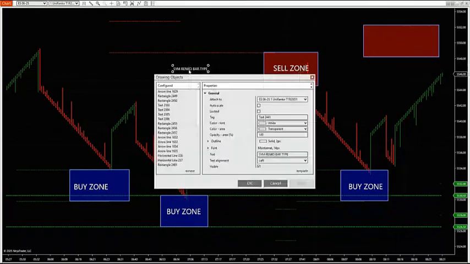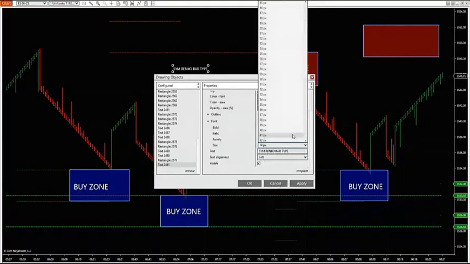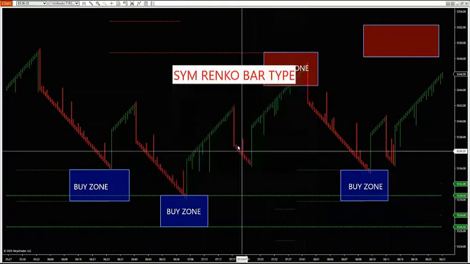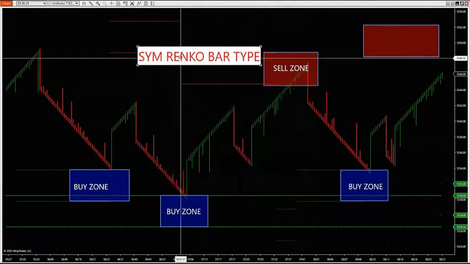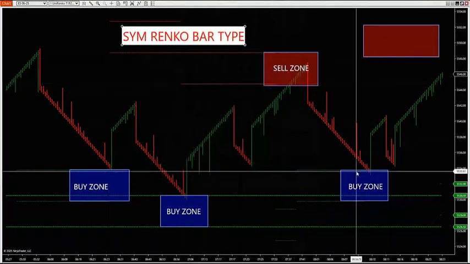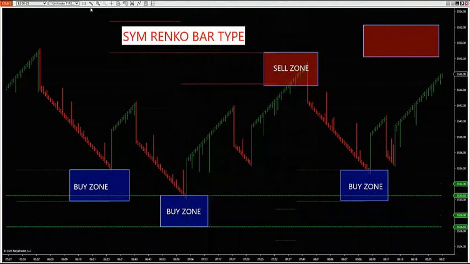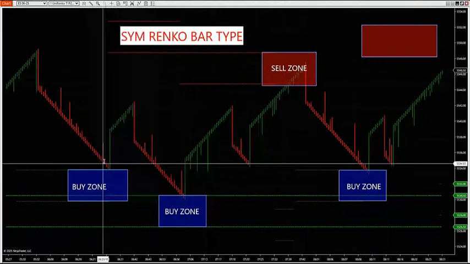Well, I created a Sim Renko bar type that has all these trend filters built into it. So this bar type is key for this to work. Now here's your settings. Very, very simple. So first setup, that's the key for these zones to work. First thing you want to set up is your Uni Renko bar type.